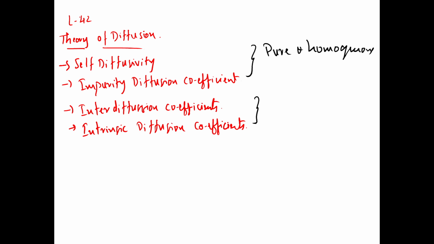Those things can be determined with the help of self diffusivity and impurity diffusion coefficients, whereas interdiffusion coefficients and intrinsic diffusion coefficients are totally different. These are used for multi-component solid alloys, that is, multi-component systems.